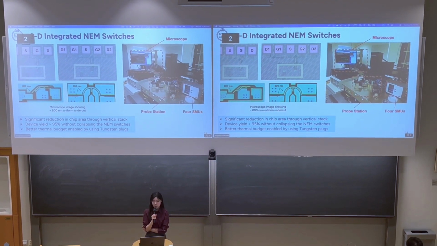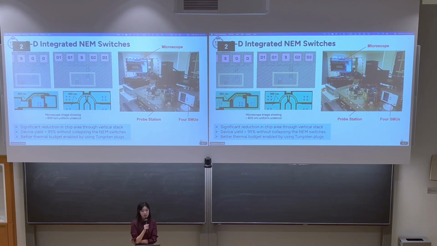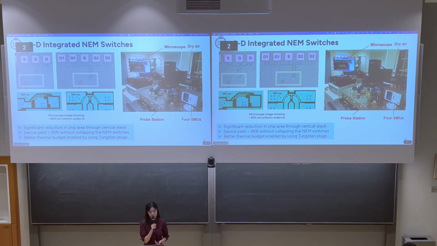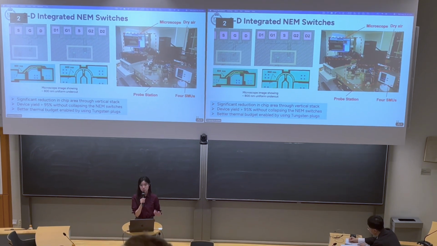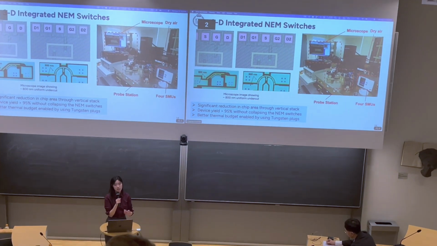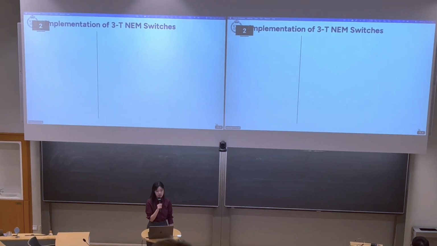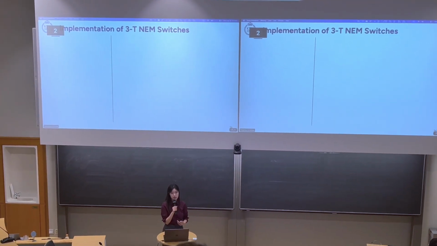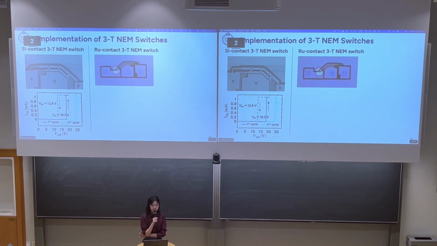After release, we characterize the NEM switch with a semi-automatic probe station equipped with a microscope and 4 SMUs, with dry air flowing through the chamber to remove the humidity in the environment. So first, we implement this 3T NEM switch with both silicon contact and also ruthenium contact.